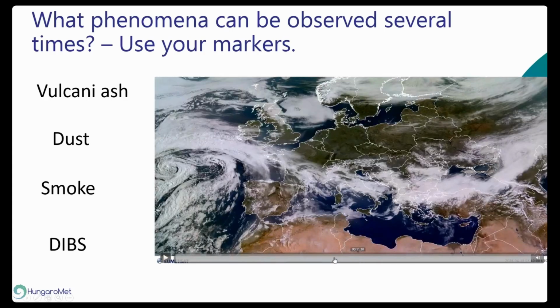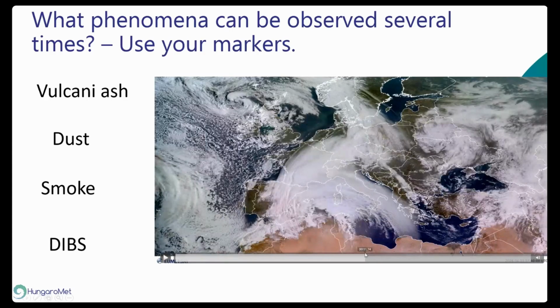I will just stop the loop, and here we have a deep cloud, which is a dust-induced baroclinic system, and you are not very well able to see in this loop what we have on the top of the cloud. It looks like it has orange peel on the top.